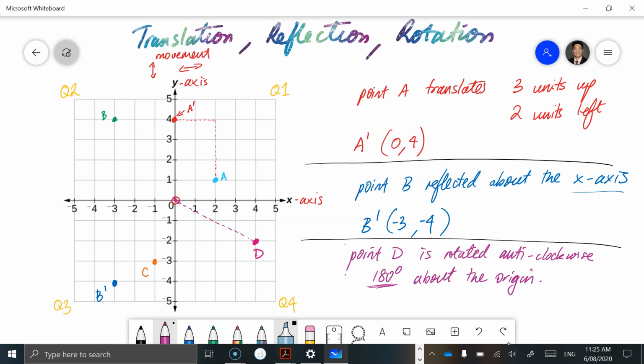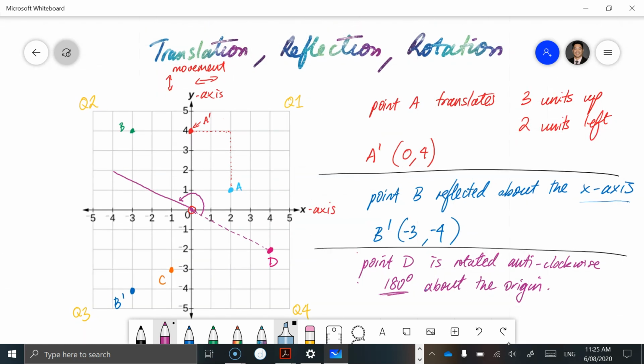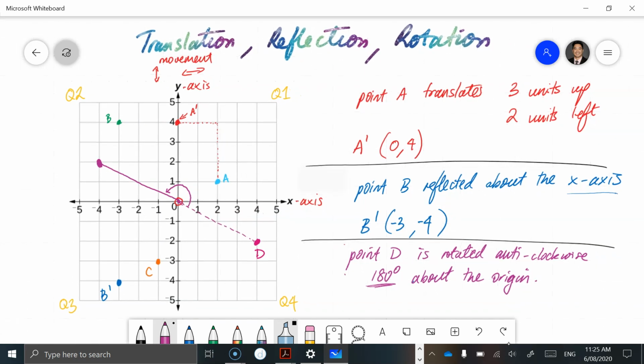So if we thought about this as being 180 degrees like that, then our point is going to be here. I've just drawn 180 degrees as an angle, and we moved anti-clockwise, and you can see that we do have a straight line, and our new point is there.